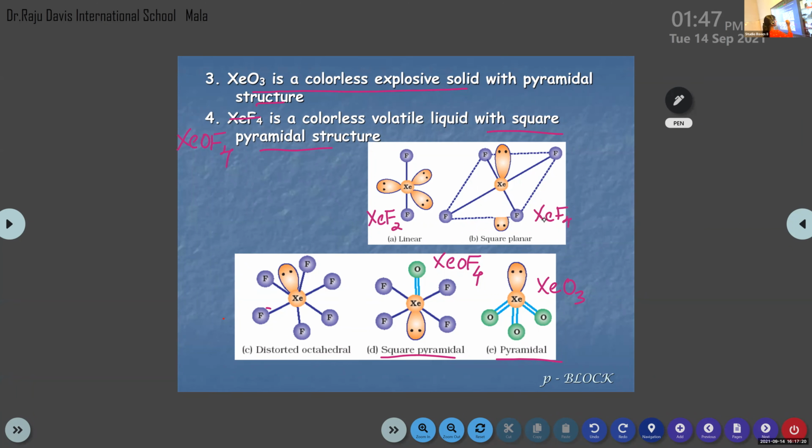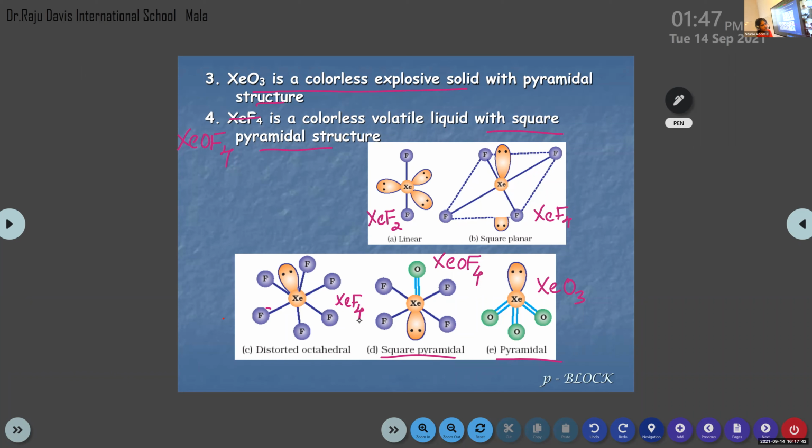So its structures are very important. XeF2 is linear, XeF4 is square planar, XeF6 is distorted octahedral, then XeOF4 square pyramidal, XeO3 pyramidal structure. Clear, children?